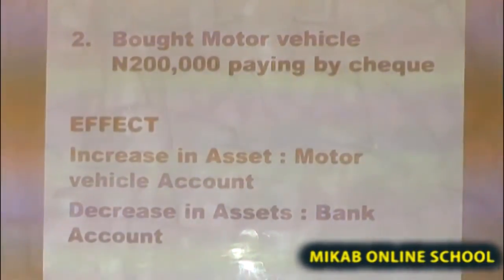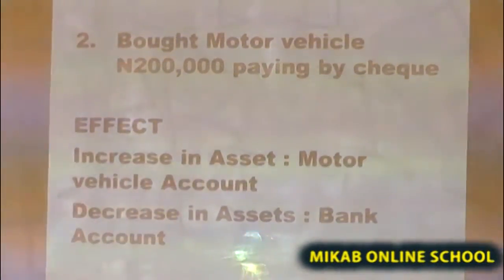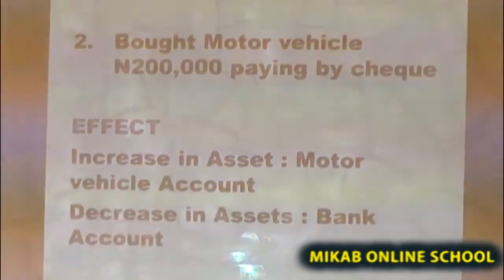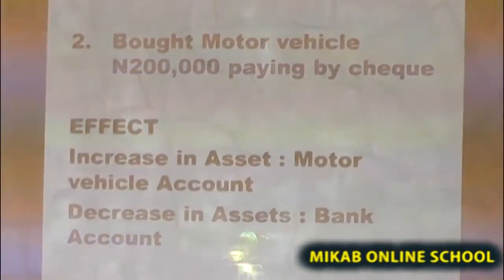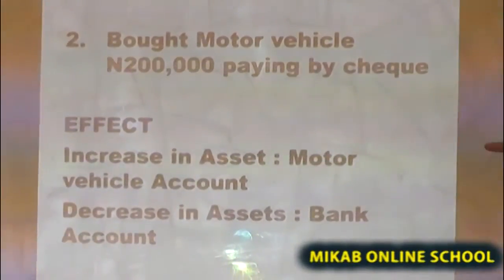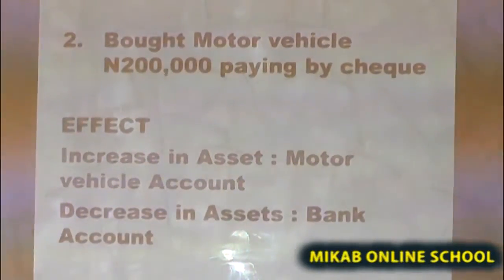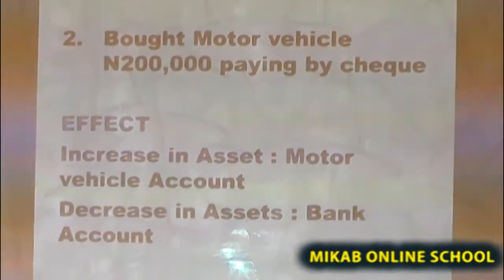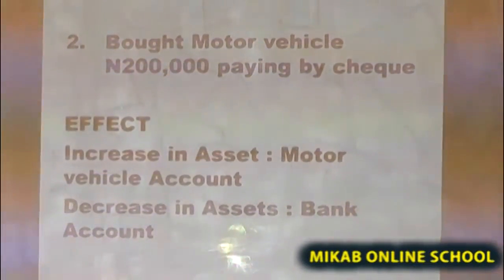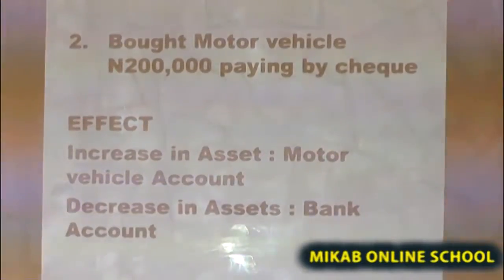Here we will see the effect of this transaction. There will be an increase in assets, because motor vehicle is coming in, and check is going out, which can also be termed as cash going out.